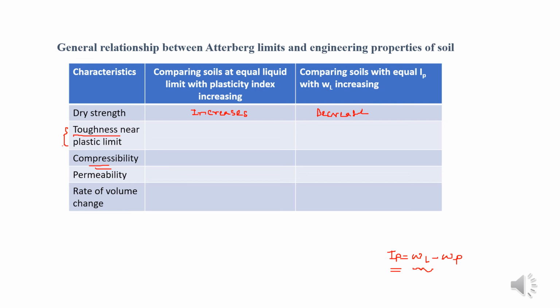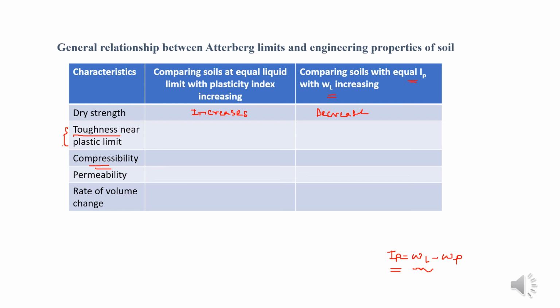We are more familiar with the term compressibility, right? An important indication of the compressibility of the soil can be obtained from the liquid limit of the soil. The greater the liquid limit, the greater the compressibility of the soil, and in that case we can decide that generally compressible soil is usually avoided as foundation material.